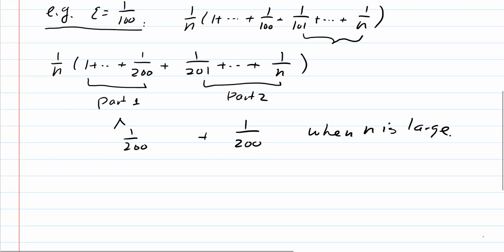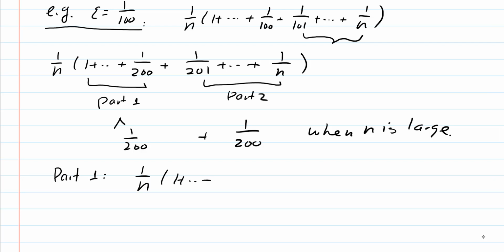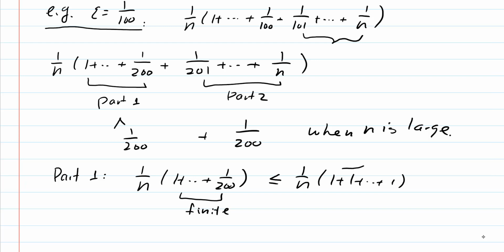And if we look at the part 1 over here, part 1 we have 1 over n, and we have 1 plus a lot of things over here. But this is a finite sum, right? And in fact, you can see this is going to be less than or equal to 1 over n and 1 plus 1. We can just estimate, and we have over here 200 of them. So this is equal to 200 over n.